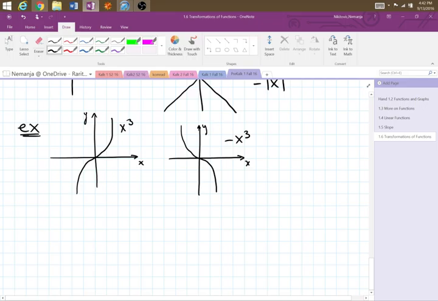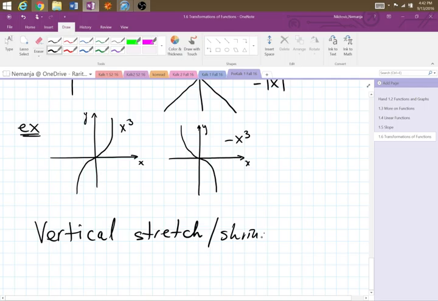So I have to write these in the same place, so it's going to be only 2 lines, but actually there are 4 things happening, but only 2 will be written down. So let's go with the vertical. Stretch or shrink. And that's done by c times f of x.